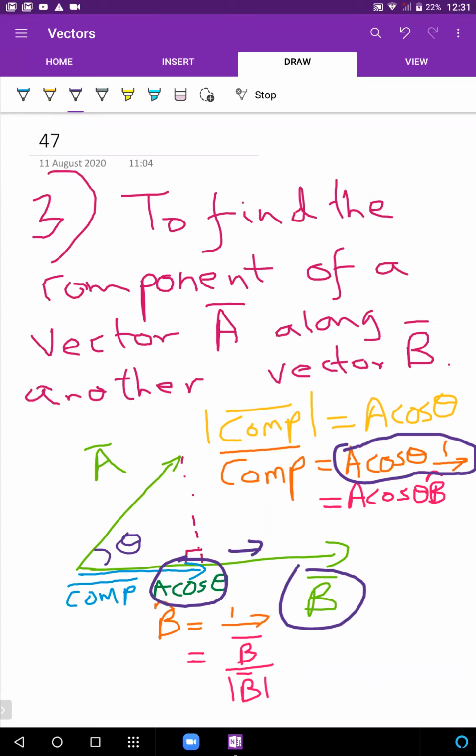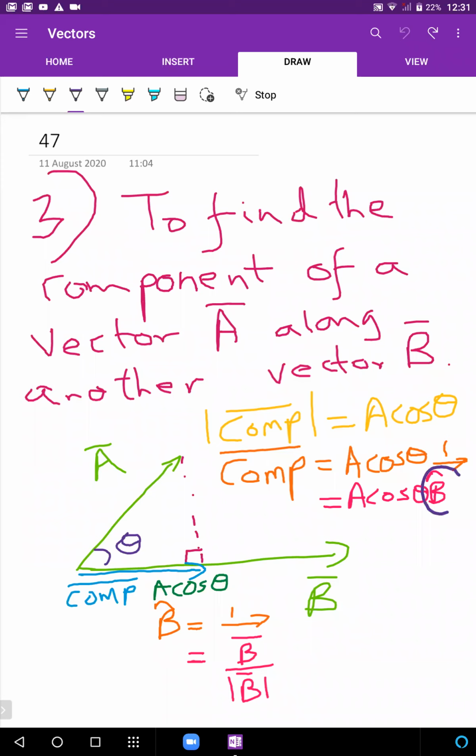A cos theta is along B bar, is the component in the direction of B bar. So I want to multiply it with a unit vector along B bar. What is a unit vector along B bar? B cap. The unit vector along B bar is B cap.